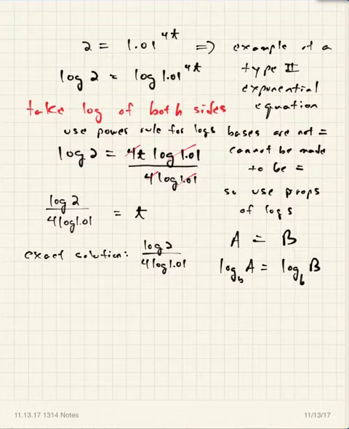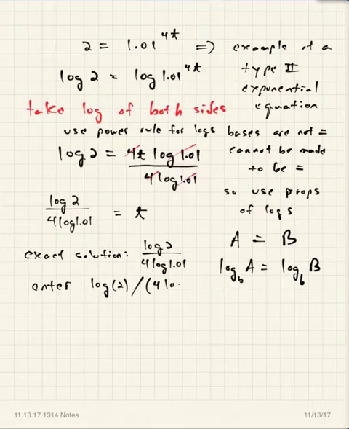Now, you have to be careful if you're going to enter this correctly, whether it's on WebAssign or on a graphing calculator. You have to put parentheses around probably the 2 in the numerator, so it'd be log of 2 in parentheses, and then the fraction bar. And because there's an operation going on in the denominator, you really need to put that in parentheses also, because you want the calculator or WebAssign to do the 4 log of 1.01 first.